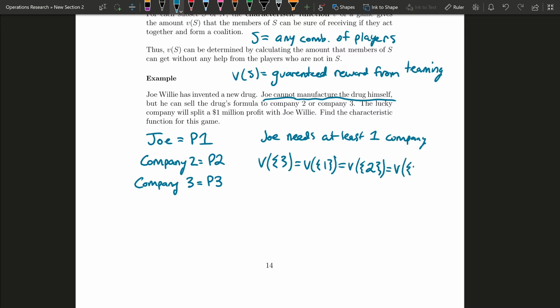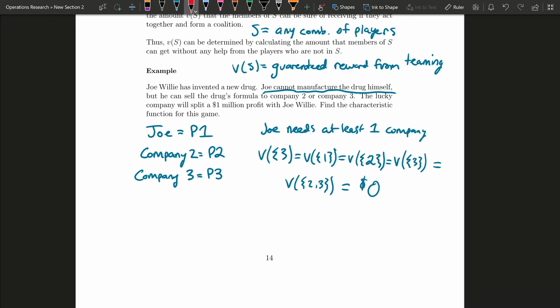Same thing goes with company 3. They can't do anything by themselves. And lastly, if companies 2 and 3 team up without Joe, they don't have that formula. So again, their reward is going to be 0. So all of these are going to equal $0. This is the first part of our characteristic function here.